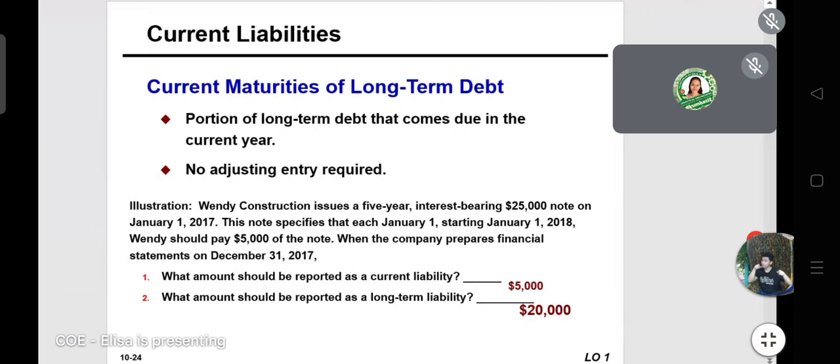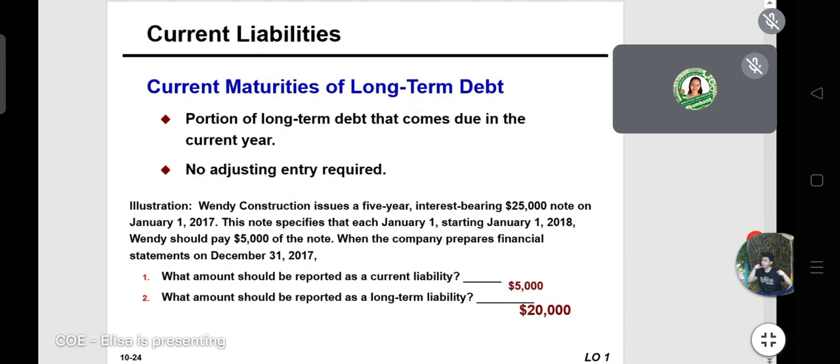Another source is that it can issue additional stocks. What will happen is that those who buy the stocks will not receive interest, but rather they receive dividends. Those who bought the stocks are stockholders, and those who bought the bonds are creditors of San Miguel Corporation.